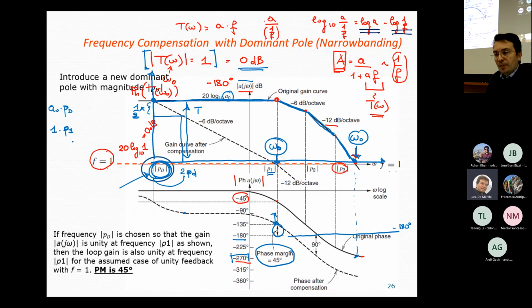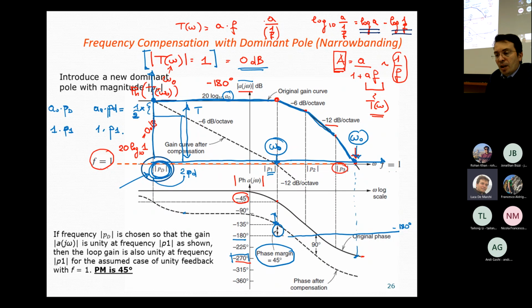But since we have this constant relationship along this curve, A null times PD should be equal to 1 times P1.